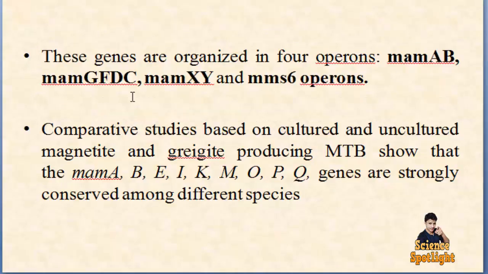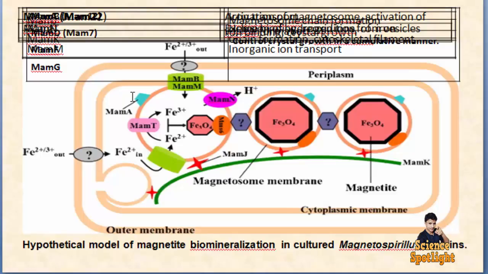Almost all the genes are present in four operons: MAMAB, MAMGFDC, MAMXY, and MMS6. Some genes are strongly conserved among different species, such as MAMAB, E, I, K, M, O, P, Q.